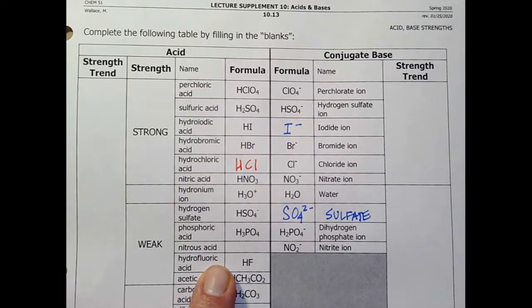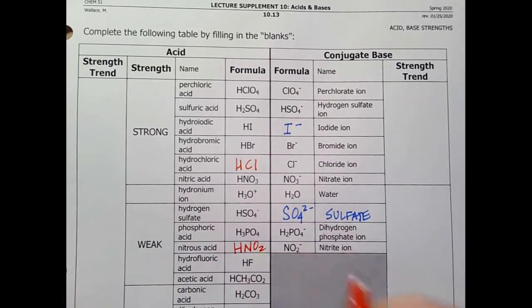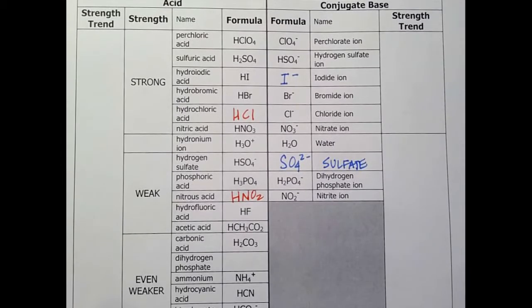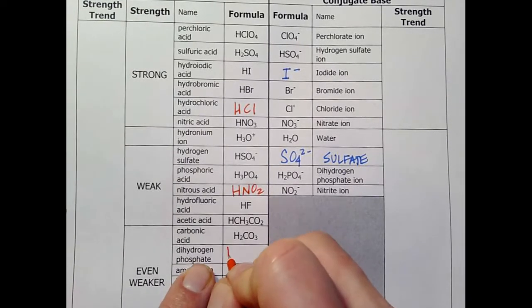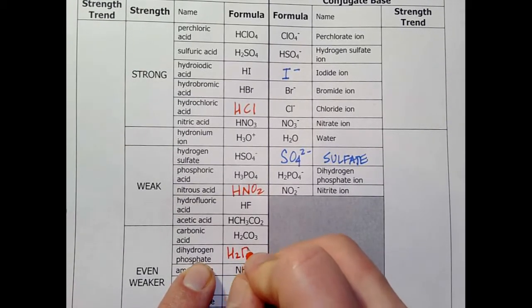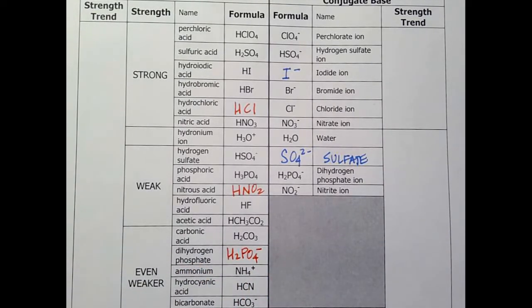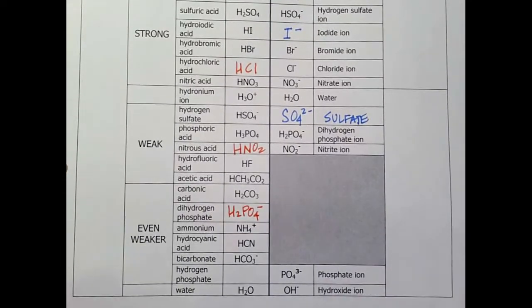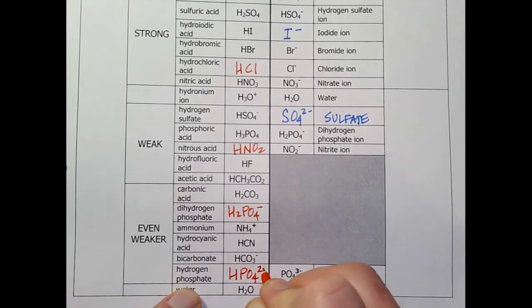Here, the acid HNO2. Dihydrogen phosphate. Well, we have to know chapter 3. Phosphate's normally PO4 3 minus, but when I add an H plus, it's hydrogen phosphate, HPO4 2 minus.